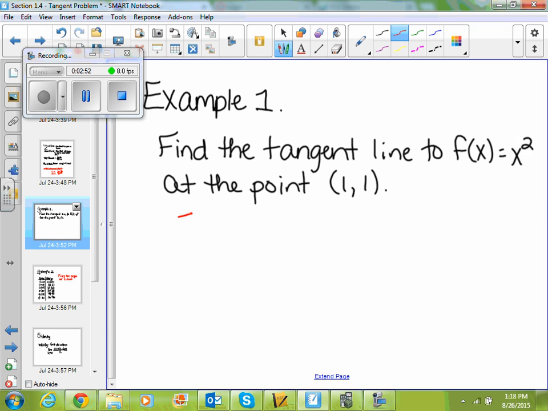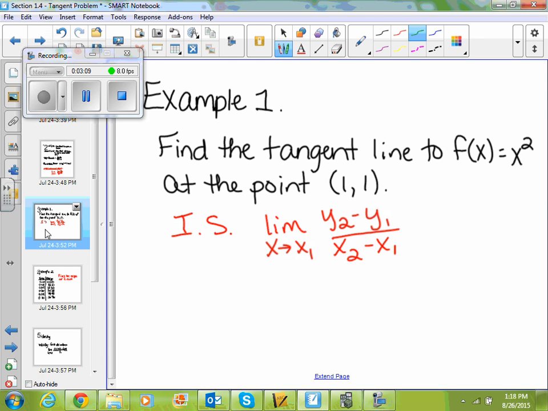So if I start with instantaneous slope, that would be the limit as x approaches x1 of y2 minus y1 over x2 minus x1. Okay, so I'm going to let this be x1, y1, because that's my point. And then I'm going to let x be x2, and my equation be y2.